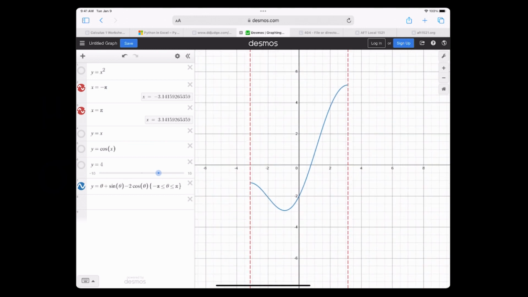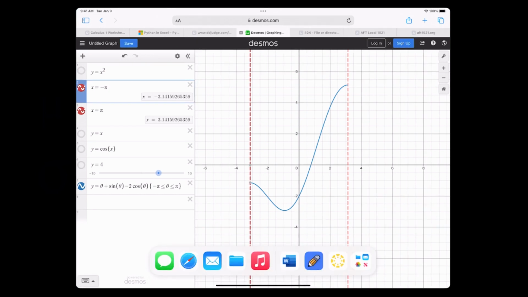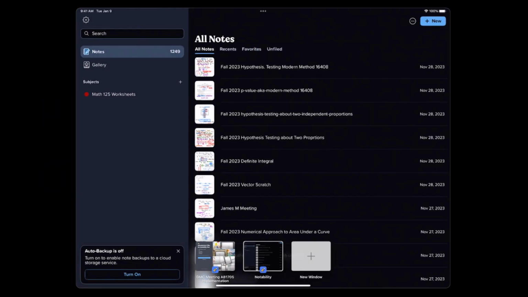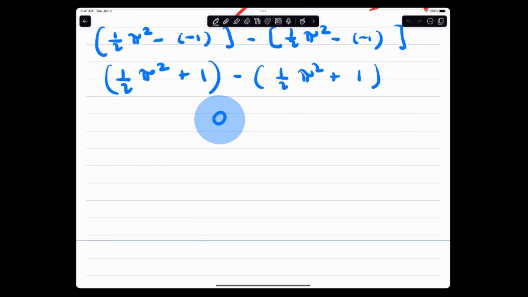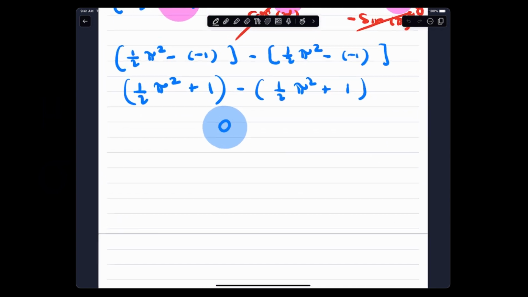Doesn't look like it would be 0, but isn't that amazing? Doesn't even look like the net area would be 0, does it? Anyway. But it does remind me of something, and I'm going to give you guys a couple of also important details, some facts here, okay?